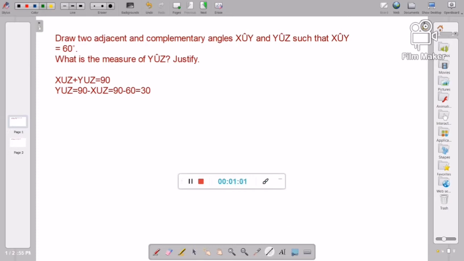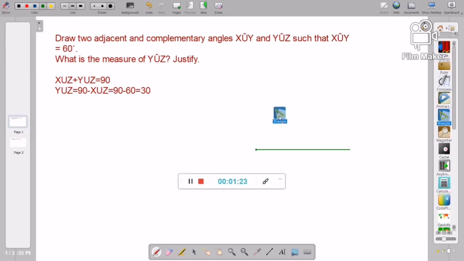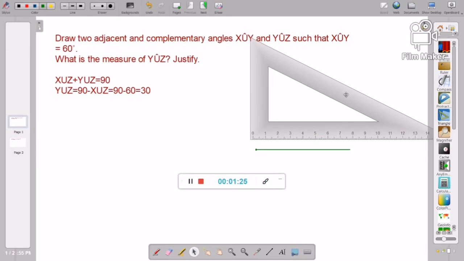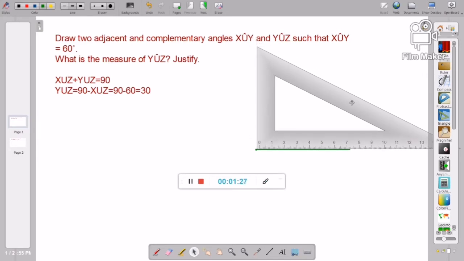Now I start drawing them as I used to draw the adjacent angles. I used to draw the first ray, I put the vertex, then I add the angles. But here, without adding the angles, I know that their sum is 90 because they are complementary. So I'm going to use the set square to make the outer frame of the angles 90 degrees.